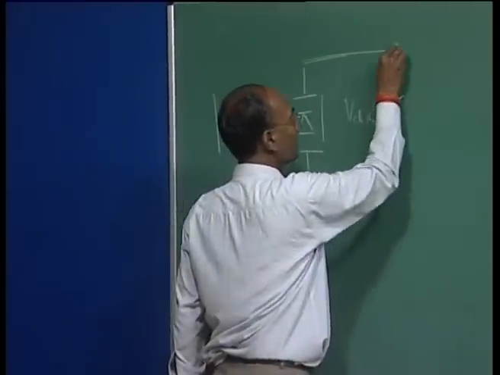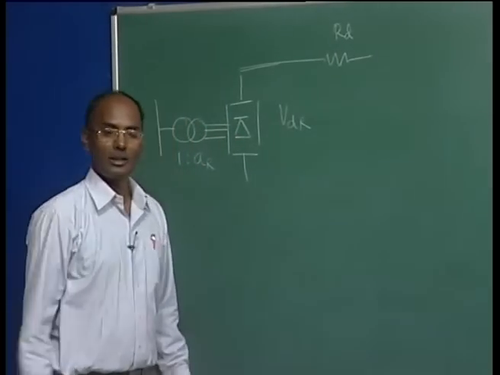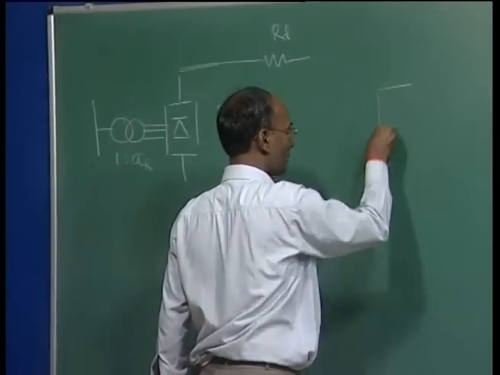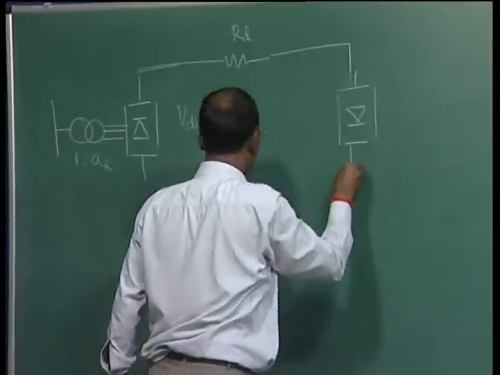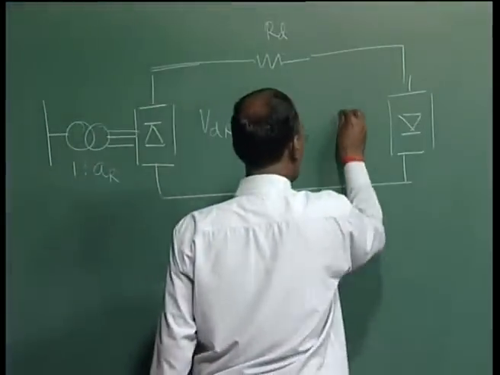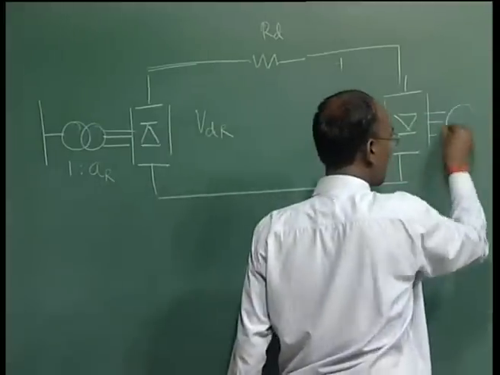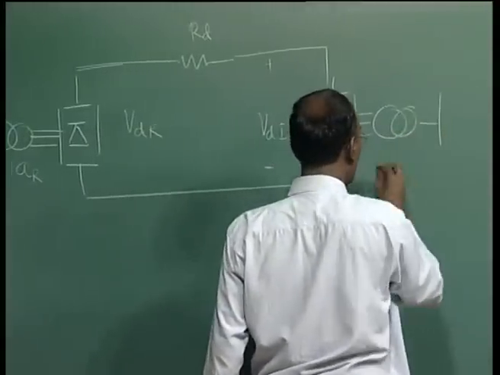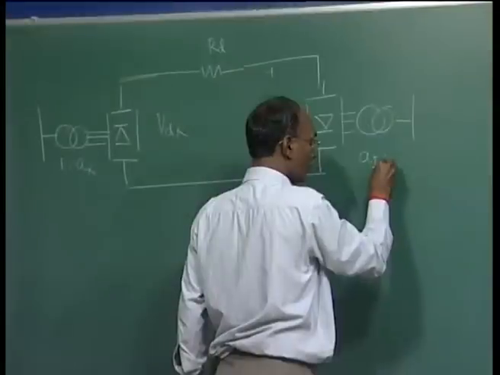Here we have the resistance of the line RD, and on this side we have your inverter. Here I can write VDI, and we again have the OLTC transformer. In this case we have AI to 1.